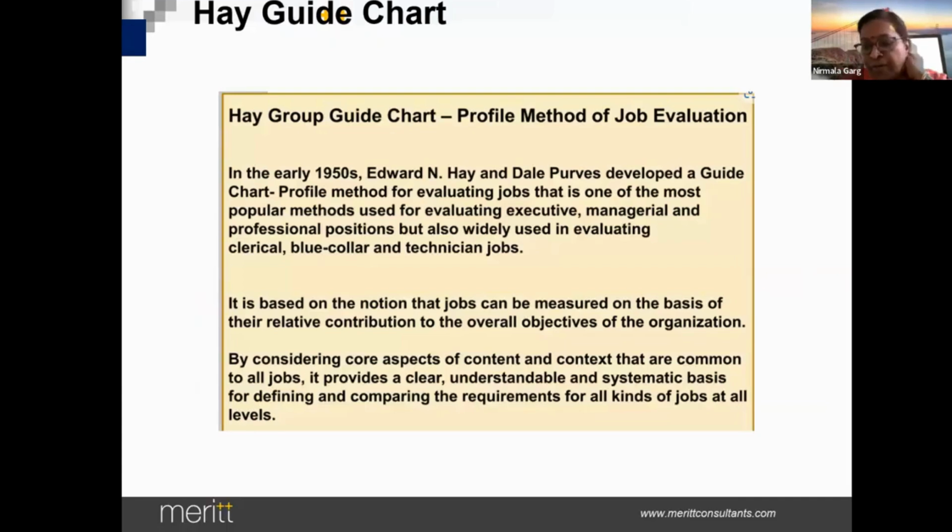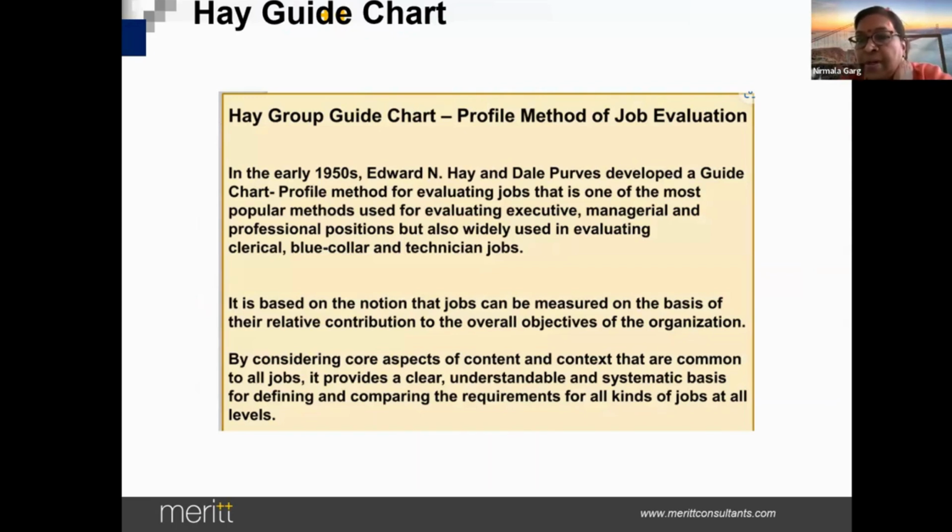All right, having said that, I needed to take 5 or 10 minutes to complete one method, which is called the Hay method.